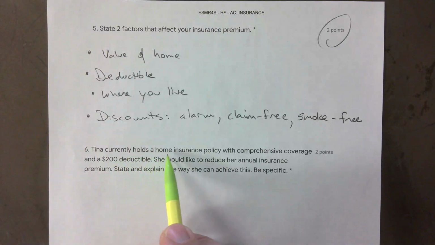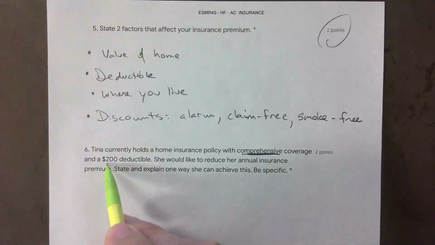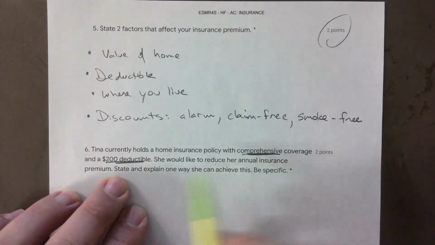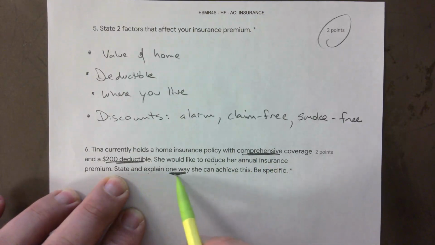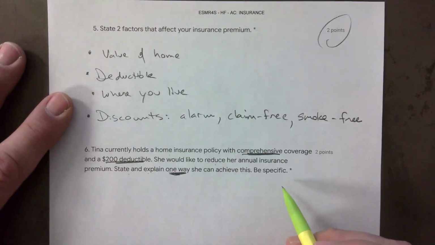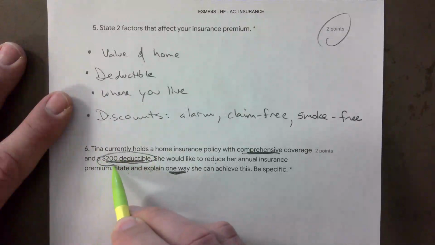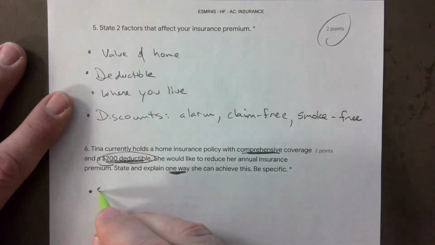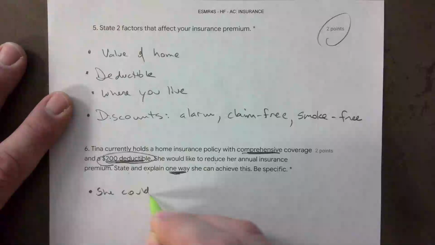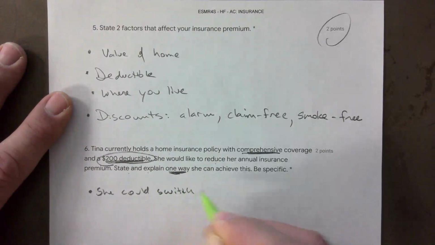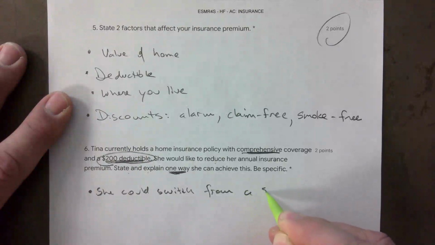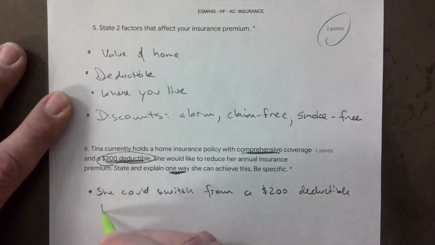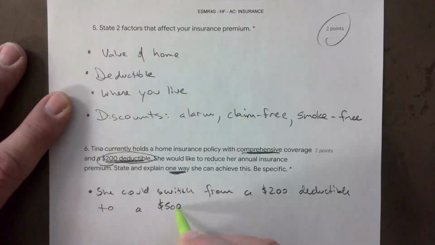Tina currently holds a home insurance policy with comprehensive coverage, $200 deductible. She would like to reduce her annual insurance premium. State and explain one way that you can achieve this. Be specific. I'm looking at the deductible. You pay 10% more if you want that $200 deductible. So she could switch from a $200 deductible to a $500 deductible.